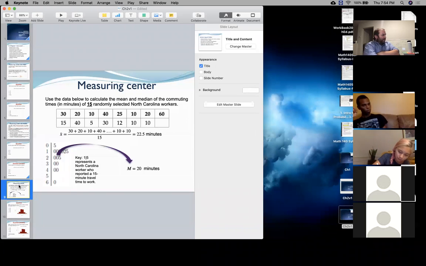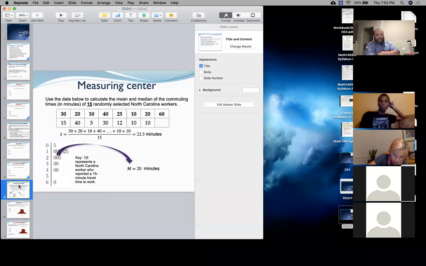So how do we find the mean? We add them all up and divide by how many we have, right? We add them all up and divide by 15. 30 plus 20 plus 10 plus 40 plus dot, dot, dot, plus 10 plus 10 divided by 15. So I'm going to trust the math and not do it myself, something that I do not recommend for you. You should always test everything and check everything. But let's assume that they are correct and their answer was 22.5 minutes.